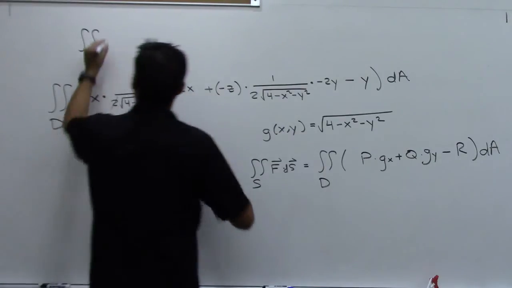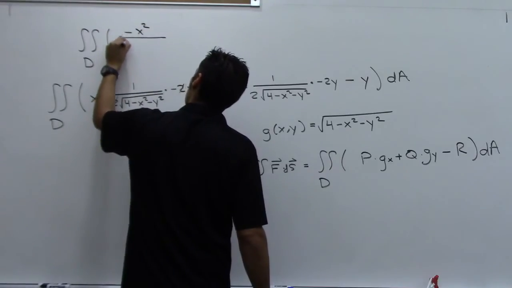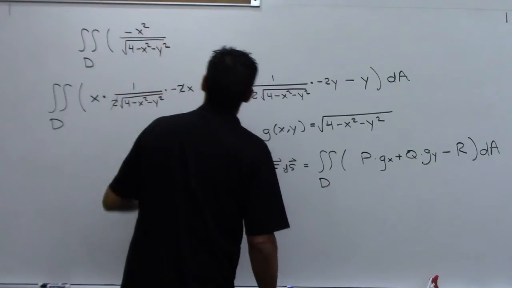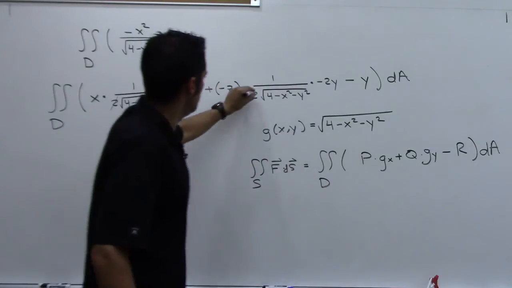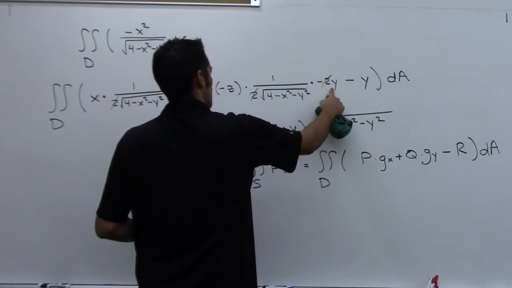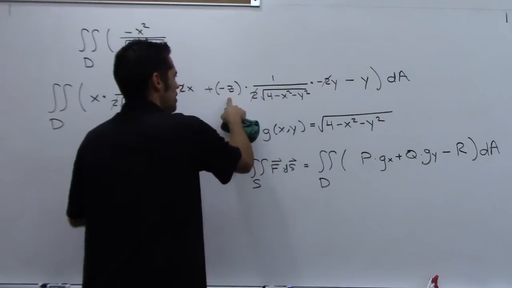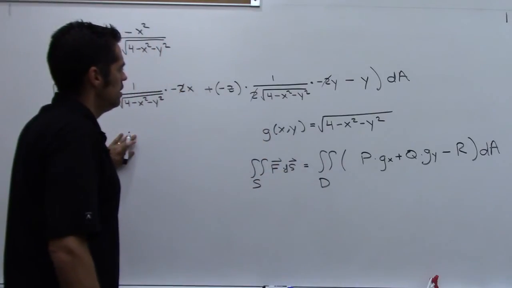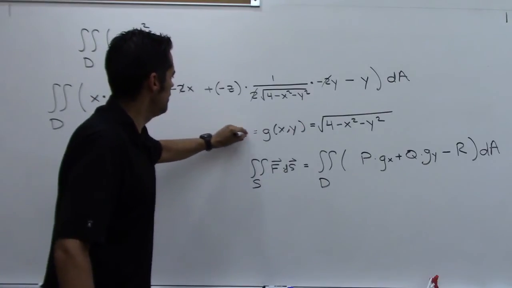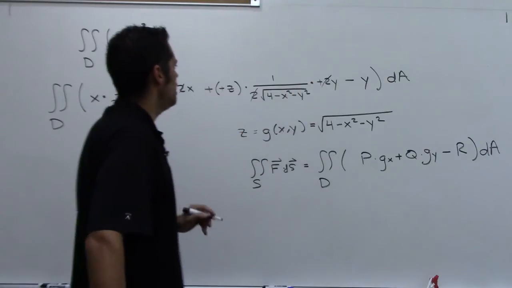We get negative x squared over square root 4 minus x squared minus y squared. And then here, these cancel. We get negative y, right? But then times z. Remember, what is z? Well, this is z, right?